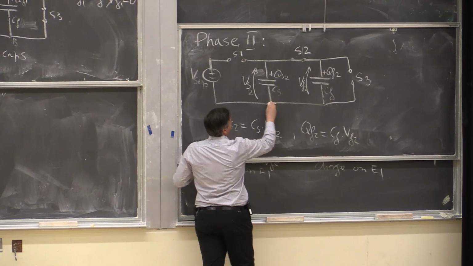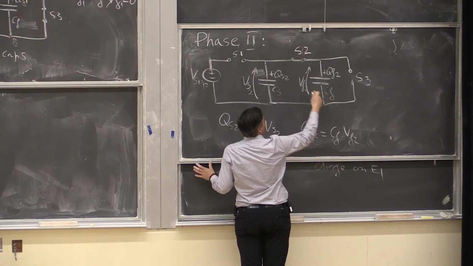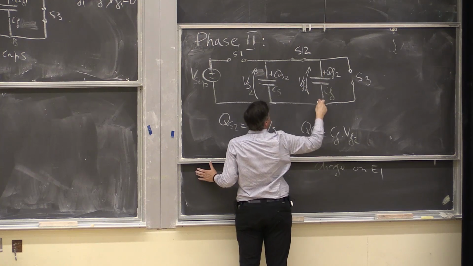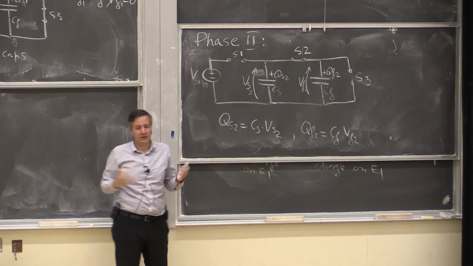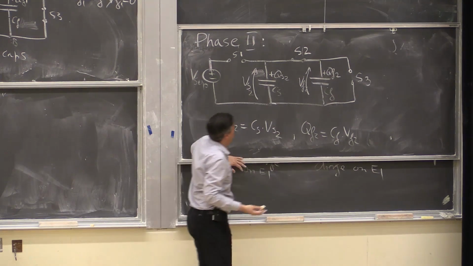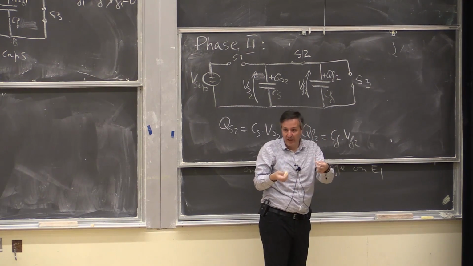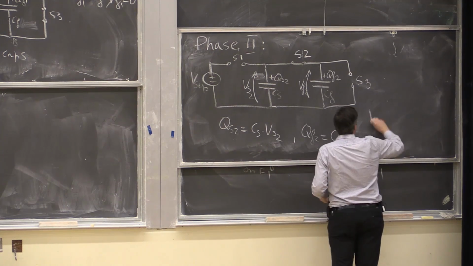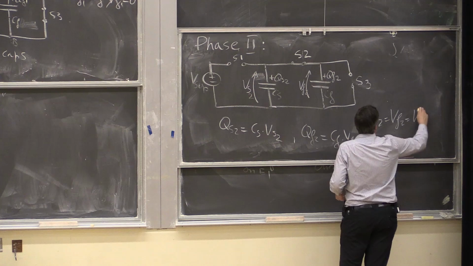This is a short, this is a short. VF2 is the voltage across this, and VS2 is across these two nodes. So they're the same. Let's say that's the voltage we actually want to measure in the circuit, so I'm going to say that VS2 equals VF2 equals V out.